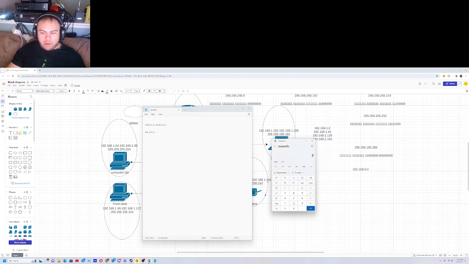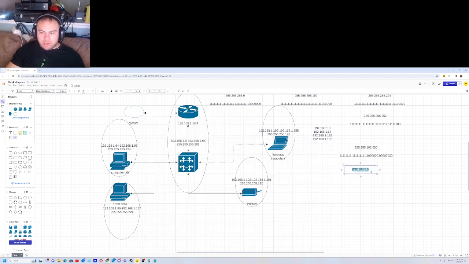So we'll do that again here. 256 minus 2 to the power of 6. I believe that came out to 64. So 64 is going to be our second to last bit in this equation. So 192.168.64.